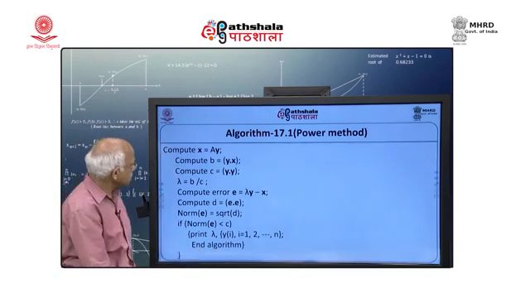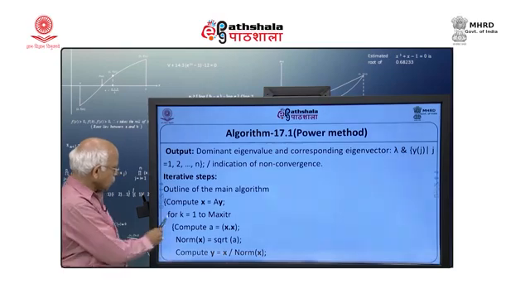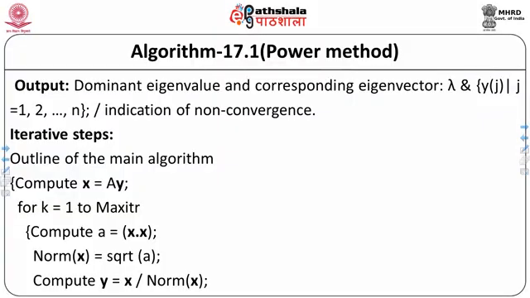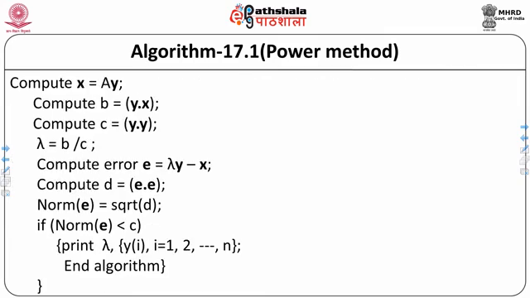So, what we are doing here is writing a for loop for 1 to maximum iter times. Again we compute a equal to x bar dot x bar, so the same process is repeated. Then you take norm x bar equal to square root of a, y bar equal to x bar by norm x bar. You keep on repeating these steps in every iteration.